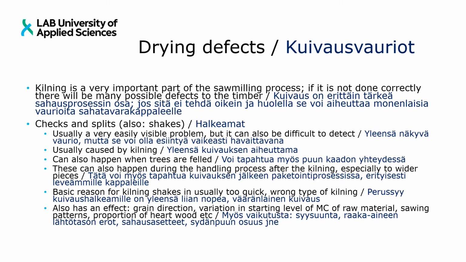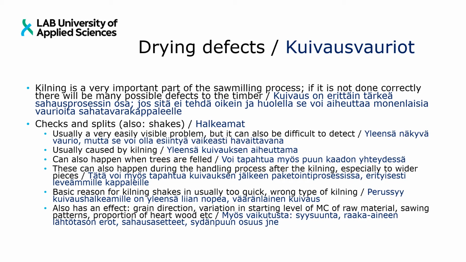This is especially for wider sections, and especially wide sections in relation to thickness. So a thin section with lots of width is the most prone one to be shaken. But as a rule, the basic reason for the kilning shakes is usually too quick and wrong type of kilning.